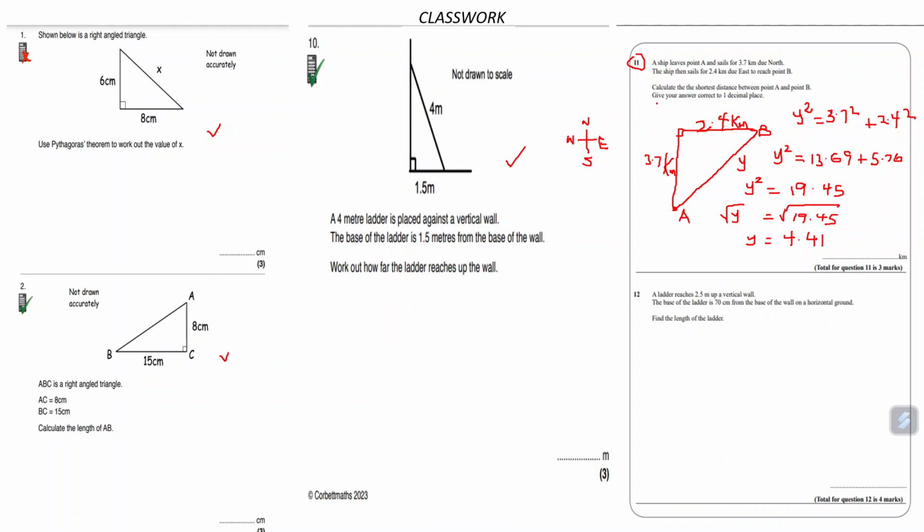The final statement of the question says, give your answer correct to one decimal place. So we count one. The next number is between 0 to 4, so we round down. So our final answer becomes 4.4 kilometers. So this is the correct answer.